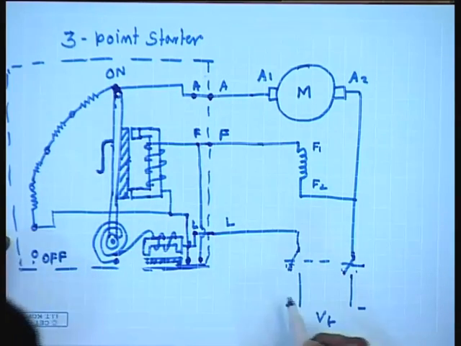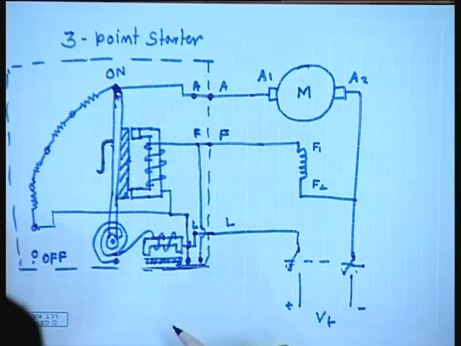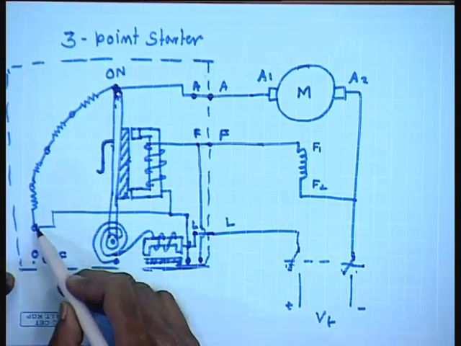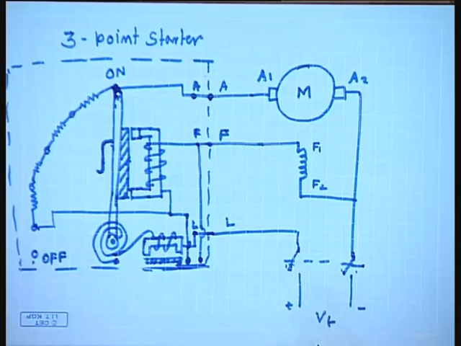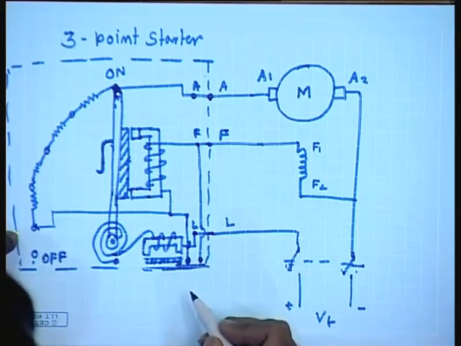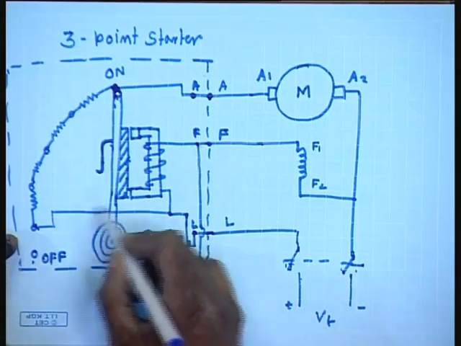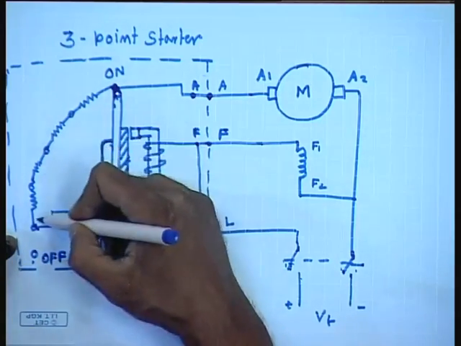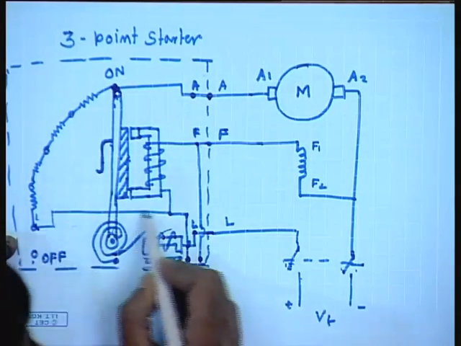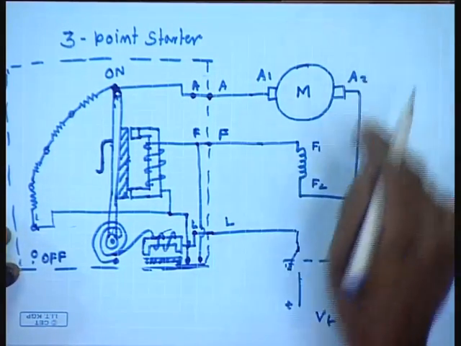When we put this on and move this handle from this off position, the field circuit first gets excited and then armature also gets its supply. This is in this position. So, through this line armature gets the supply through all these resistances and the field circuit gets a direct supply and the machine starts accelerating.